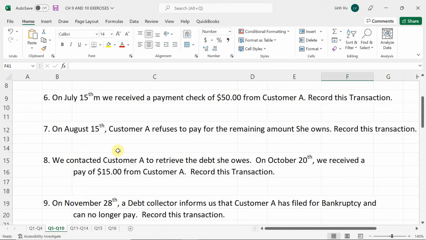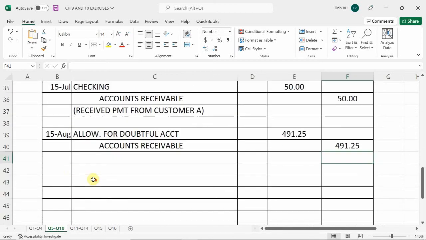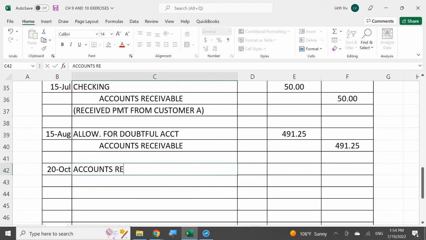payment? So you debit accounts receivable for the $491.25. Okay. Credit allowance for doubtful accounts for the same amount. Make a note that you are reinstating her account.